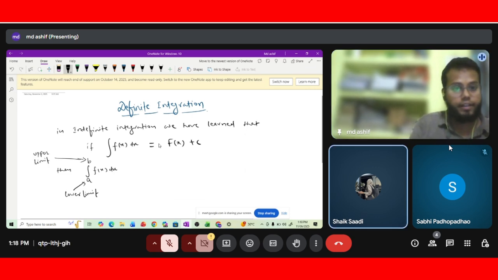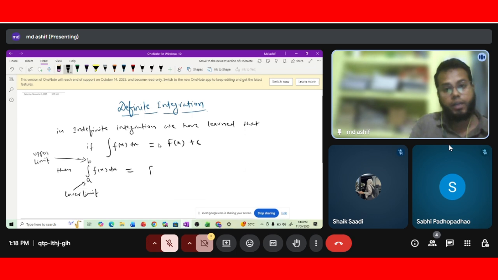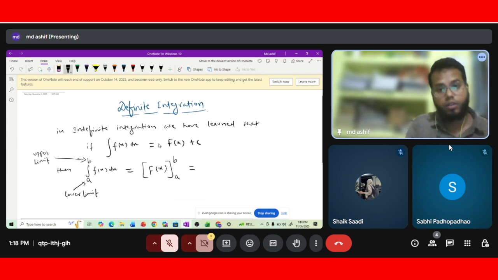Yes. And if we integrate this, it will become F of x, but the constant will be removed, and here we will put the limits a and b. So after integration, we will get a function and we will put the limits upon that function.